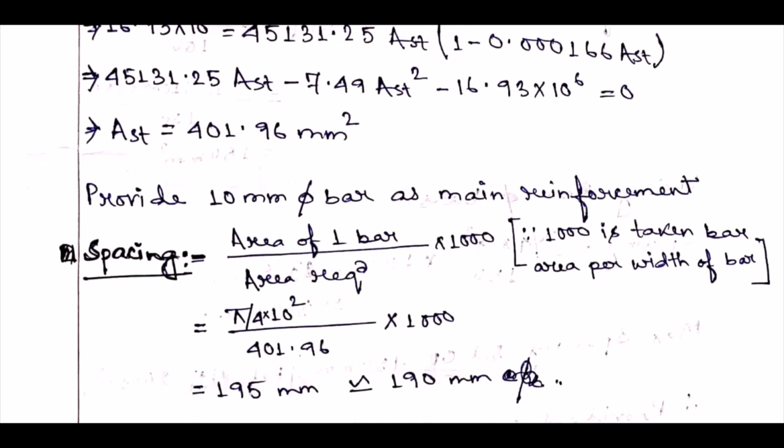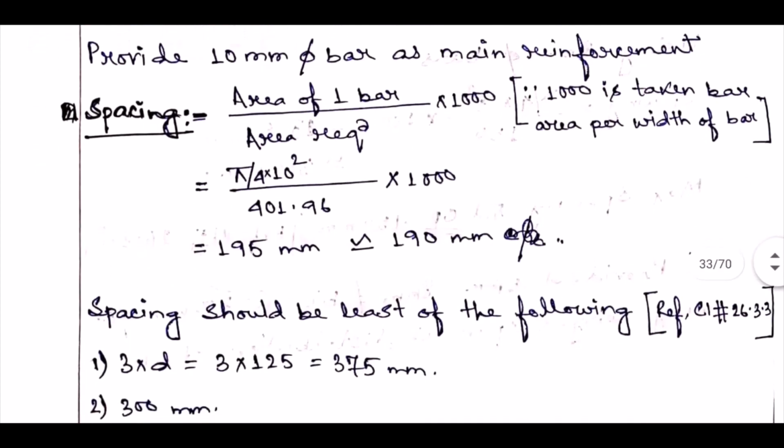So that is equals to area of one bar is pi by 4 into d square, and here diameter is 10, so 10 square, by required area is 401.96 into 1000, that is equals to 195 mm. We have the license to reduce the spacing, so we may write 190 mm.